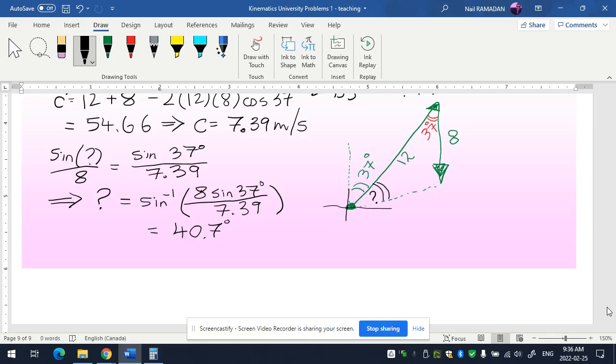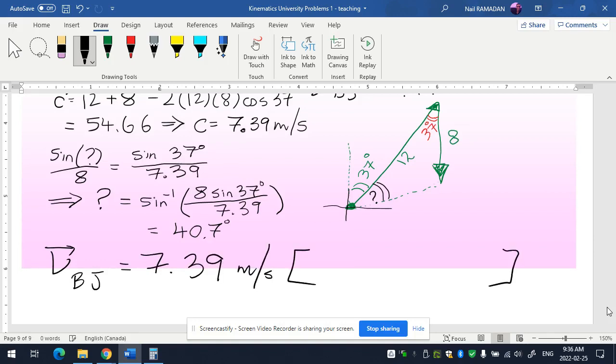So my final answer is V, Vol to Juan, equals 7.39 meters per second, at 40.7 plus 37, 77.7, and it's north.